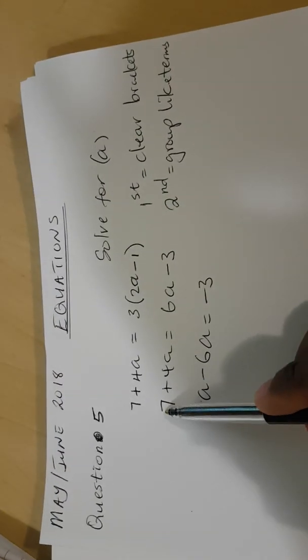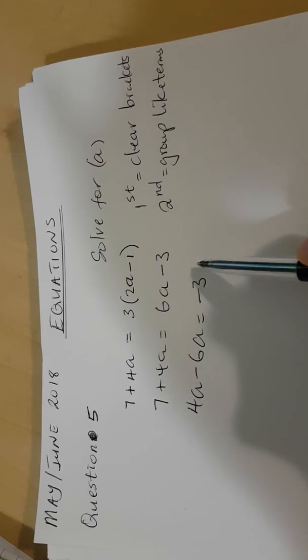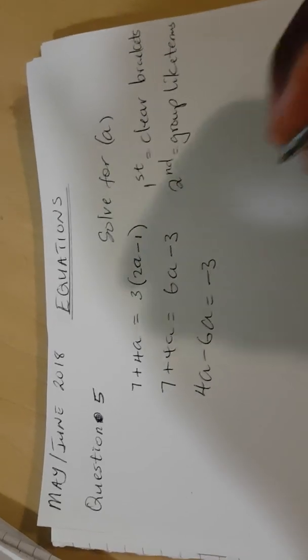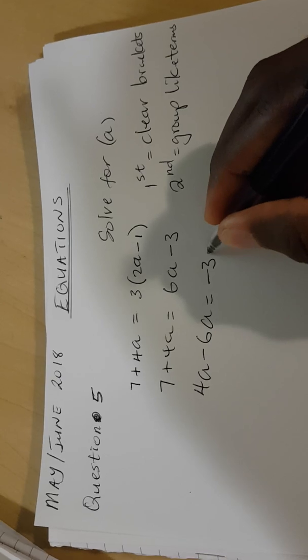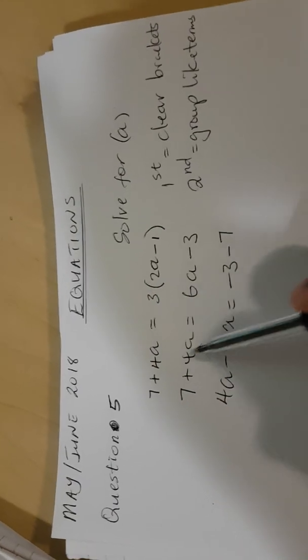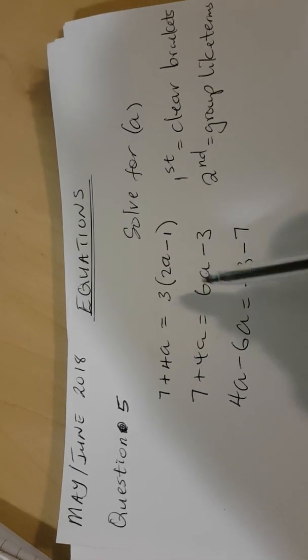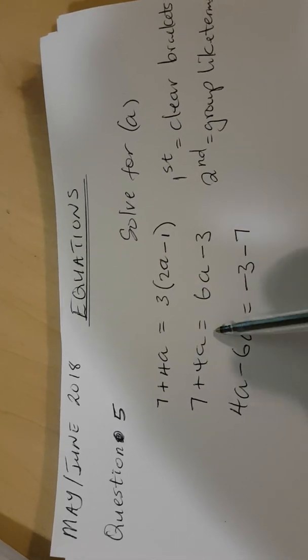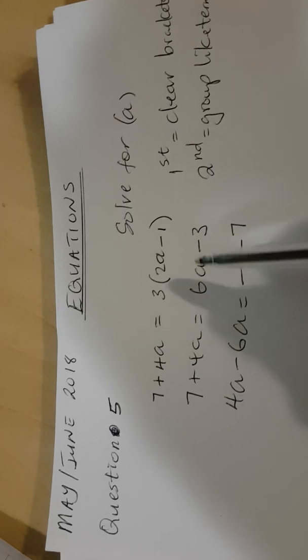And then this positive 7, when it has to cross the equal sign and come this side, it's going to be negative 7. So it's going to be negative 3 minus 7. So just remember, when the term is crossing the equal sign, it has to change the sign from positive to negative and from negative to positive.